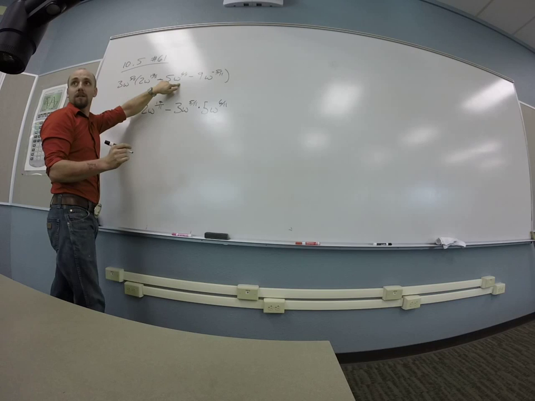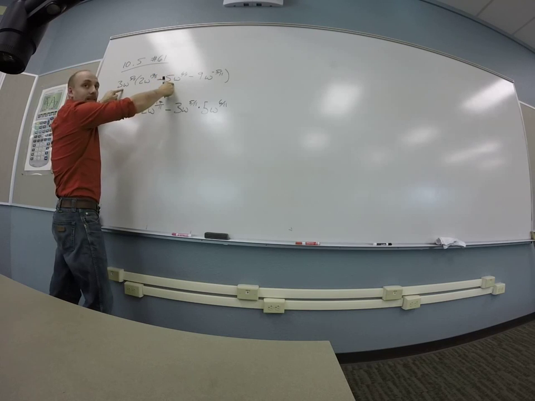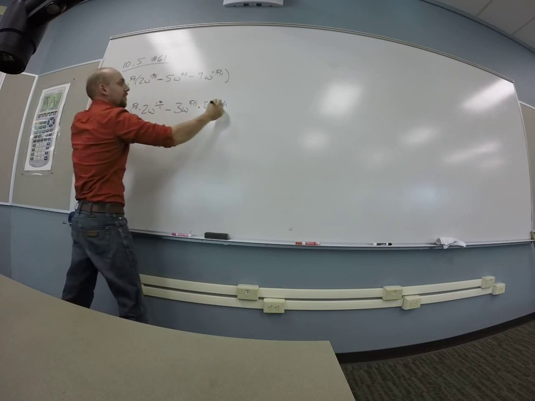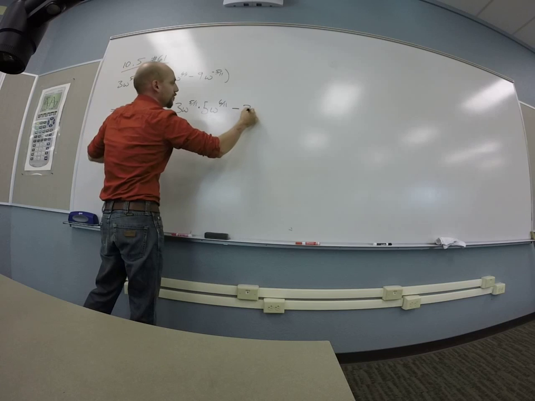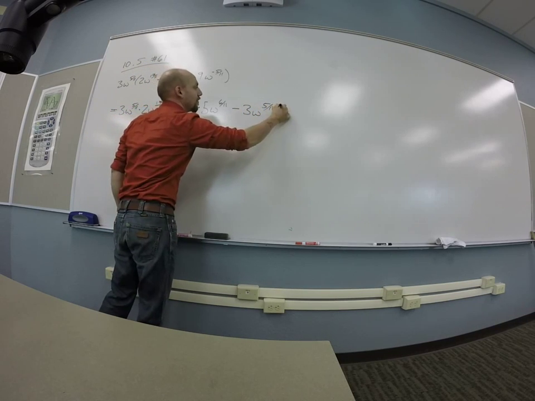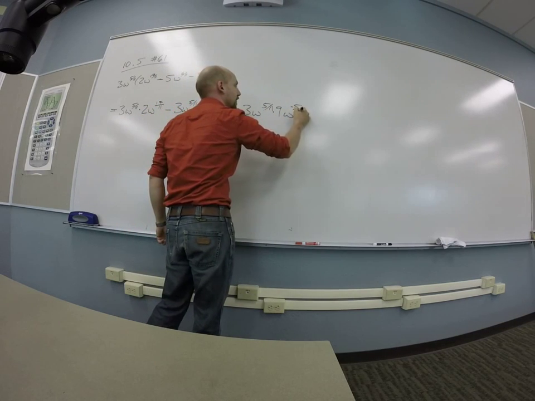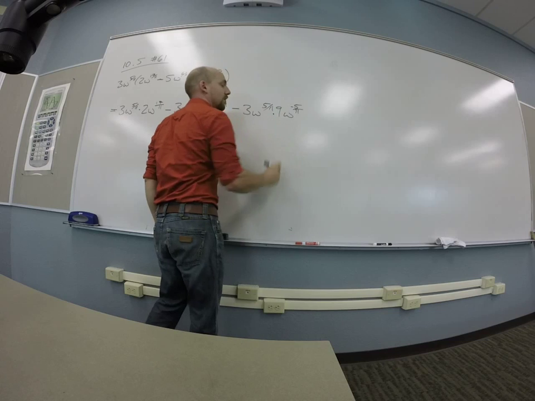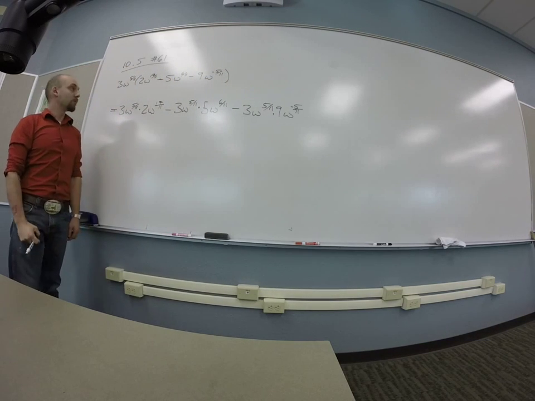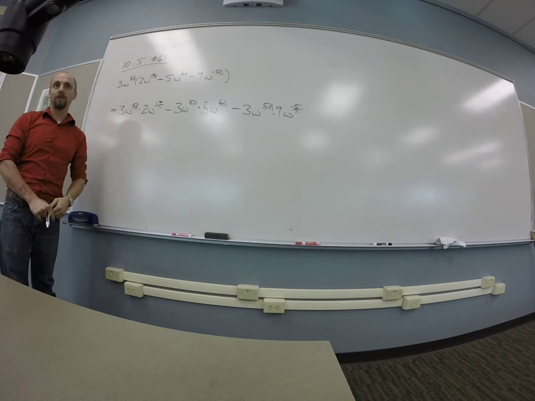Then I should subtract 3W to the 5/11 times 9W to the minus 5/11. So all I did was write down the thing on the outside times each of the pieces in turn.